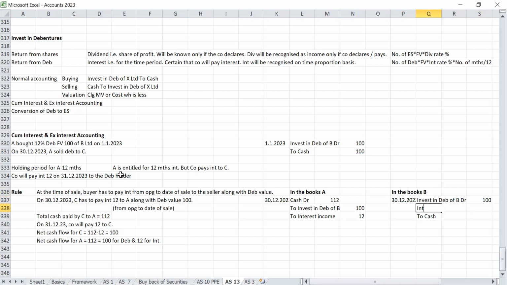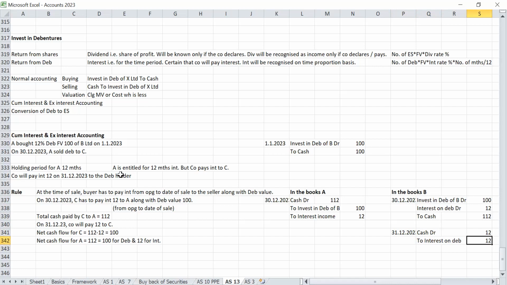Then for interest on debentures, I am paying 12. So in total, how much am I paying? 112, sir. Next day, 31st December 2023, I will receive cash from the company towards interest. So 12.